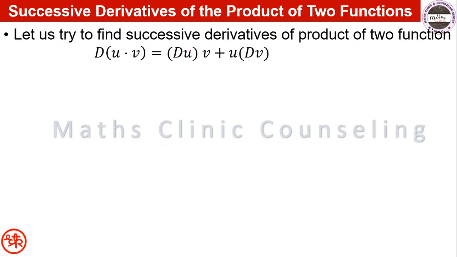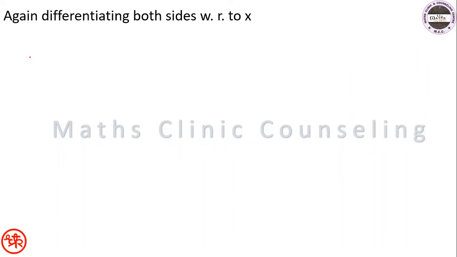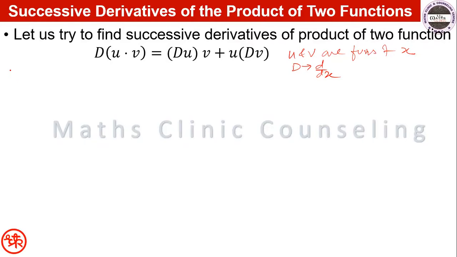Look here: u and v are functions of x, and d is d by dx. Now, differentiating both sides with respect to x.